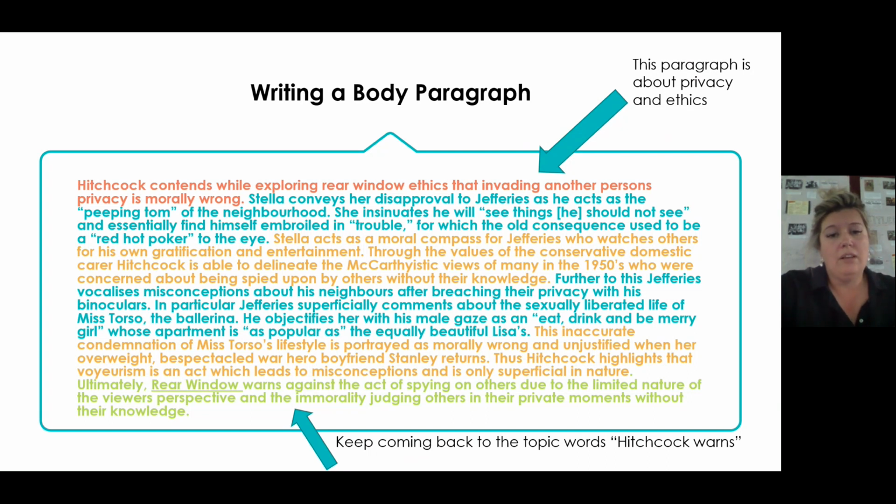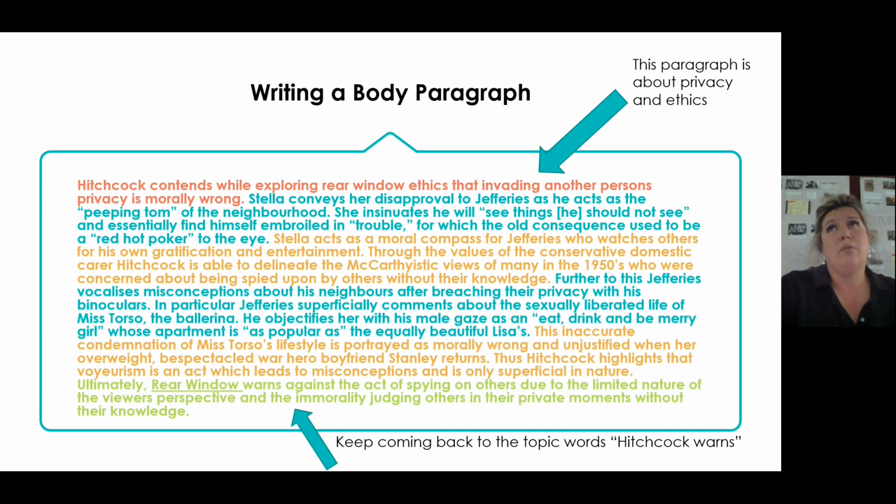Through the values of the conservative domestic carer, Hitchcock is able to delineate the McCarthyist views of many in the 1950s, who are concerned about being spied upon by others without their knowledge." So it's kind of explaining that Stella is representative of people who don't want to be spied on. She's pointing out that this is morally wrong, and Hitchcock is warning people of that too.